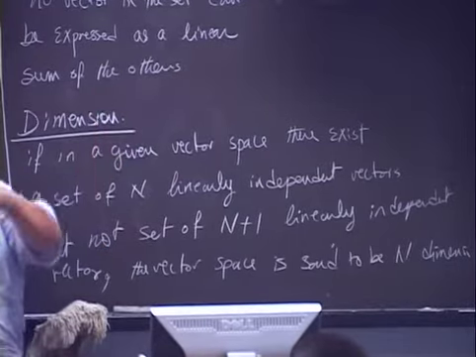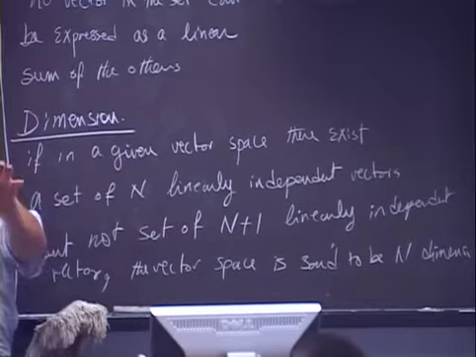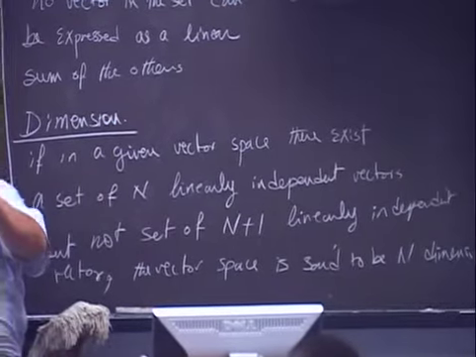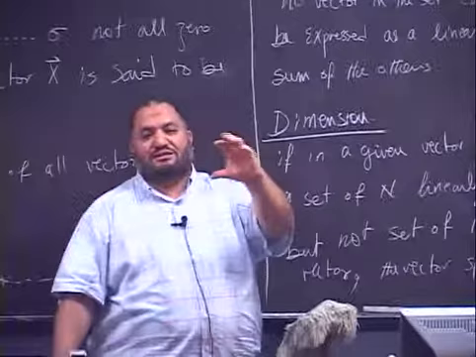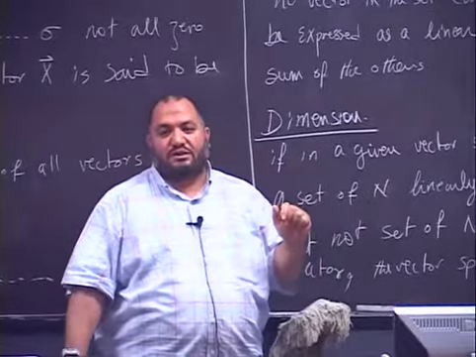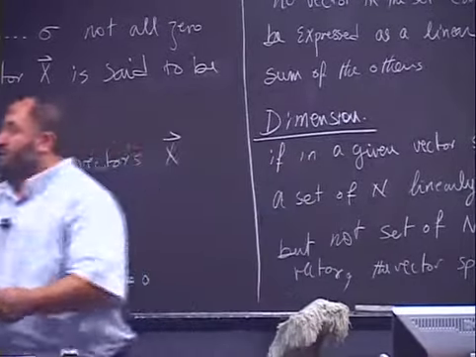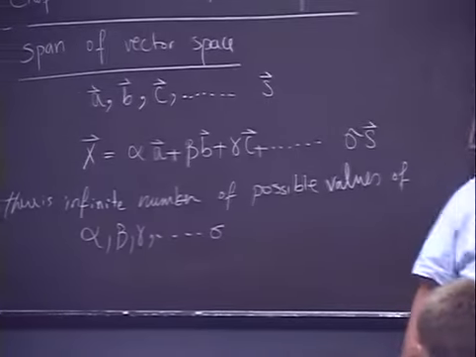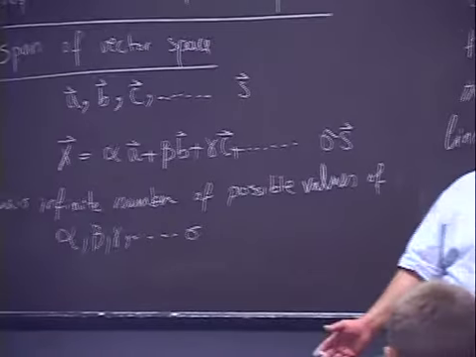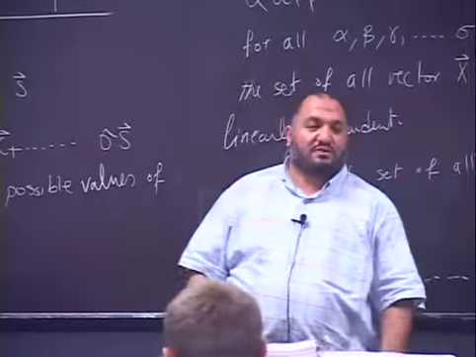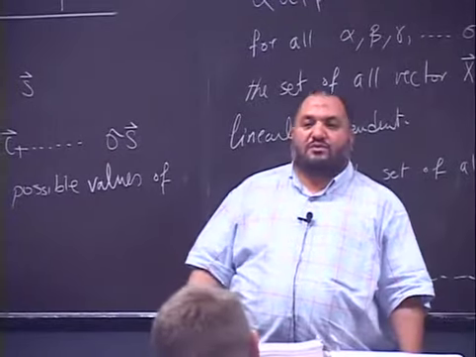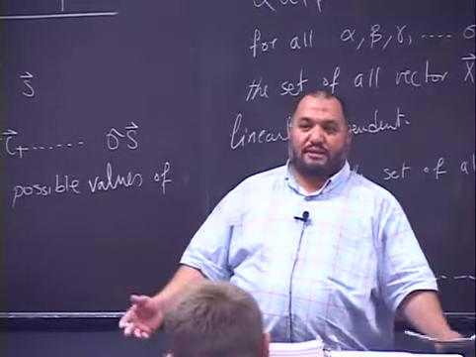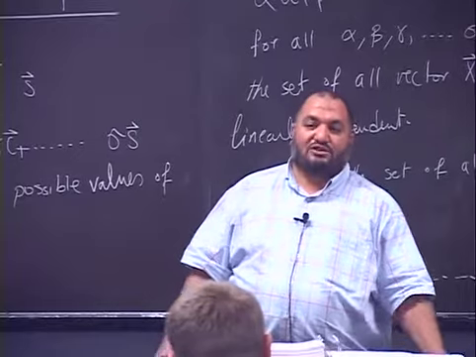So the maximum number of linearly independent sets is the dimension of the vector space. So let's assume I formed 3 sets of linearly independent vectors. The dimension is 3. I only was able to form 10. The dimension is 10, and so on.